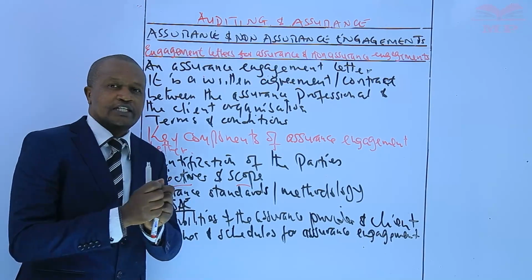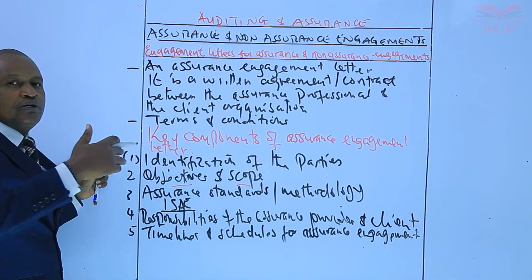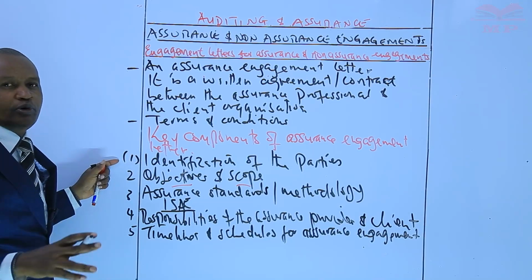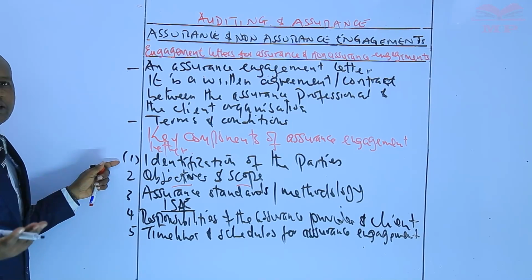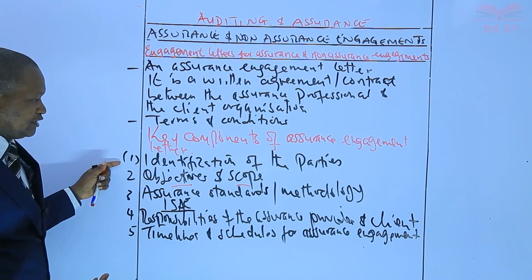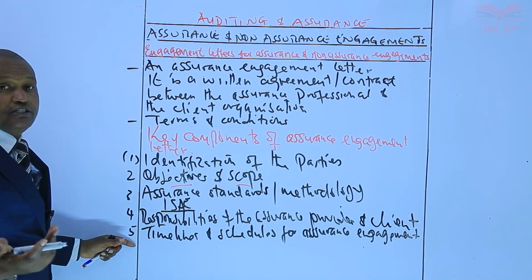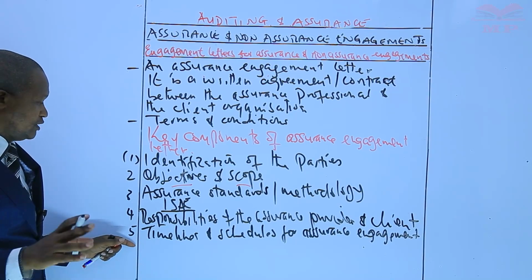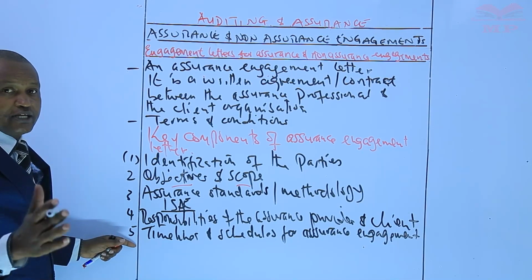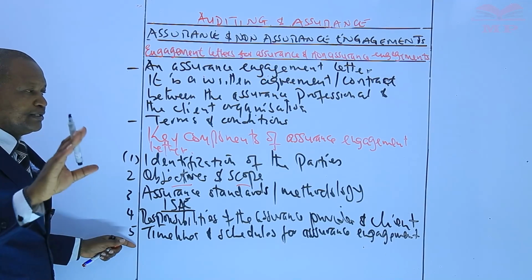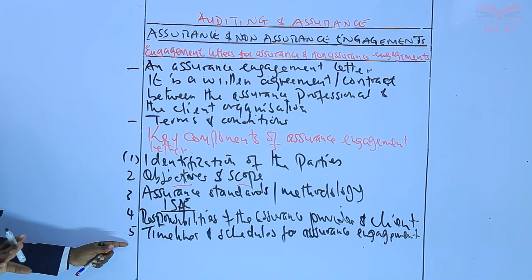This section may also indicate the timing of interim and financial or assurance reports or opinions. When the opinion, for example, interim opinion expected to be given by the professional, or when should the client expect the final opinion. The timelines, the engagement, the important dates, the milestones, they have to be specified within this letter. Timelines and schedules.